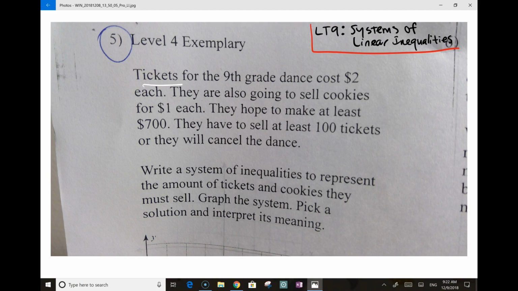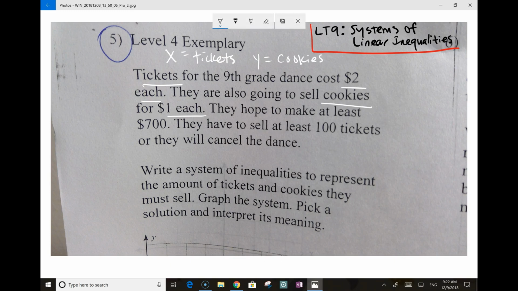So tickets are $2 each, and so I'm going to identify X as being my tickets. And then it says that cookies are also being sold. So they are $1 each. So I'm going to say my Y will represent cookies.